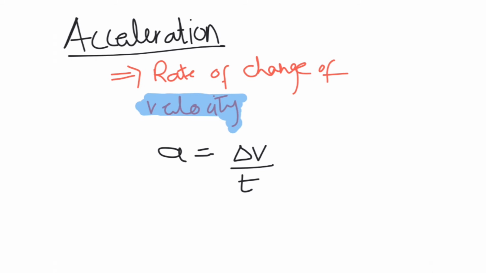There are times when the speed is remaining constant, but the body is actually accelerating. And how is that? Because its velocity is changing. How is the velocity changing if its speed is constant? Because its direction is changing.